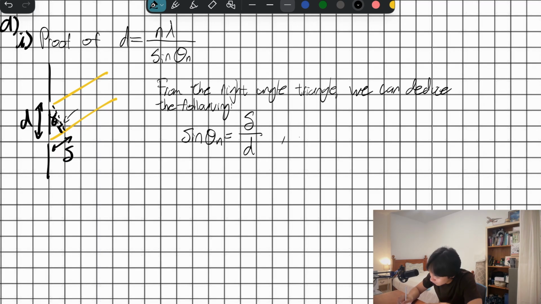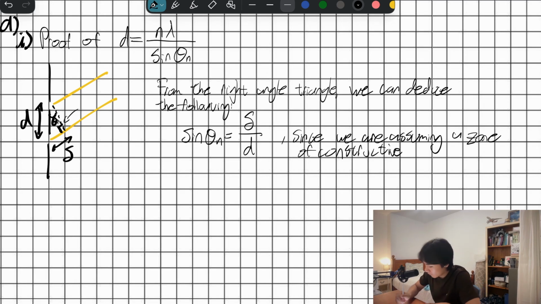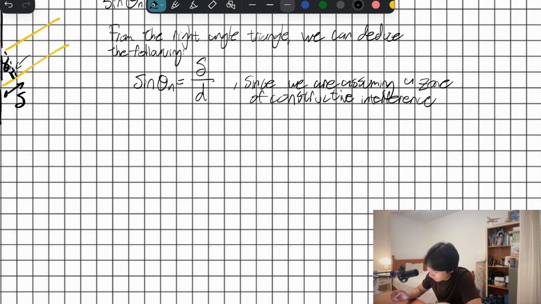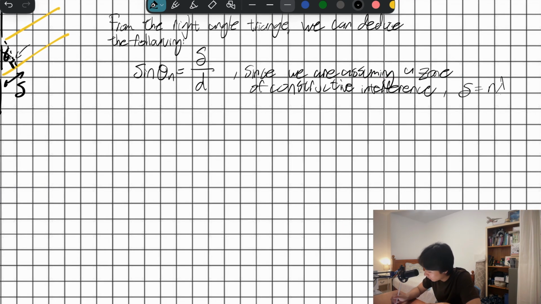You can say, since we are assuming a zone of constructive interference, the path difference should be an integer multiple of the wavelength, when we're using n, not k, where n belongs to the integers.